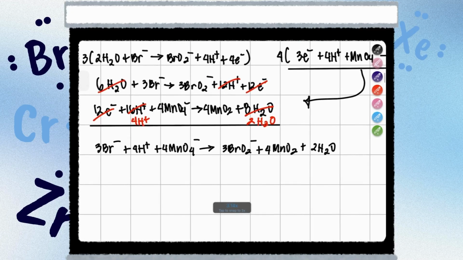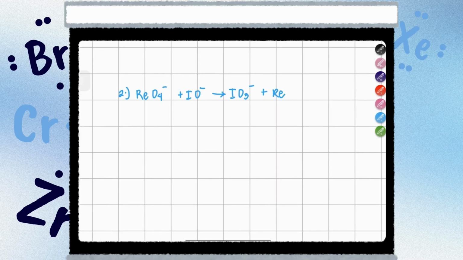It is important to take note of the order of how you write the final answer, since that is also kailangan siyang i-consider. So, kailangan laging ang mauunang element or compound na ilalagay is yung from the oxidation or yung nasa taas. For number 2, you can pause the video and compare our answers at the end.